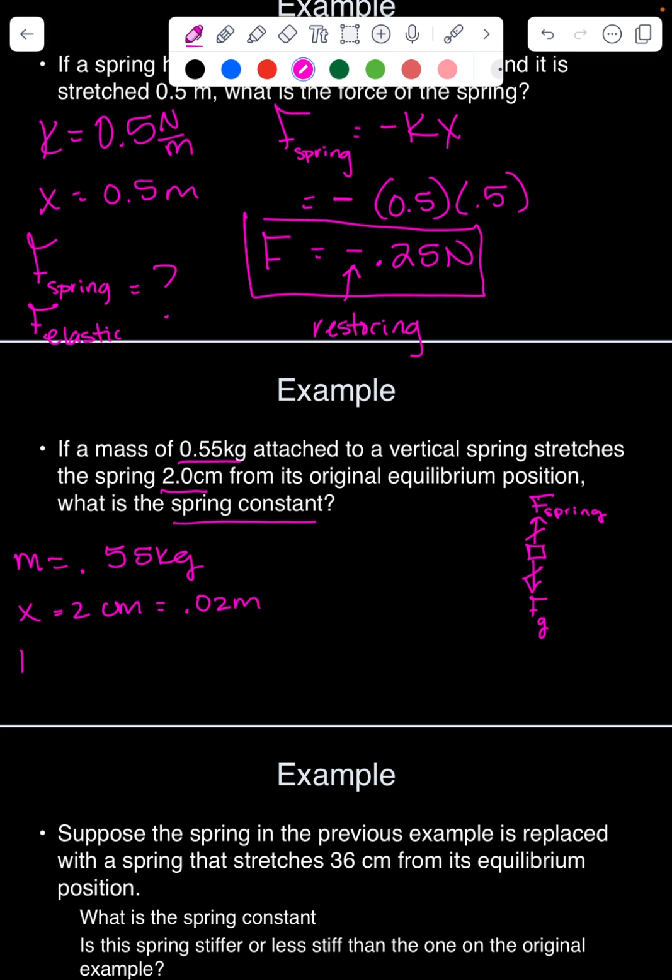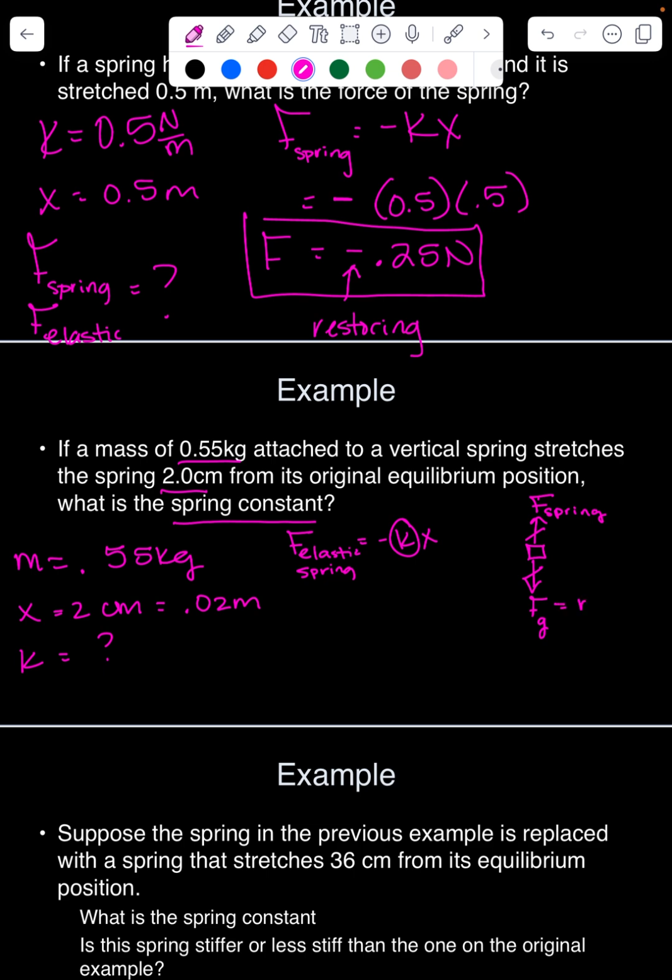Now we know that we're looking for k. So we know that our elastic or spring force is equal to negative kx. We're solving for k. We have x, but we do not have that elastic or spring force. But what we do know is that the elastic or spring force is equal to our force of gravity, the weight of that mass.